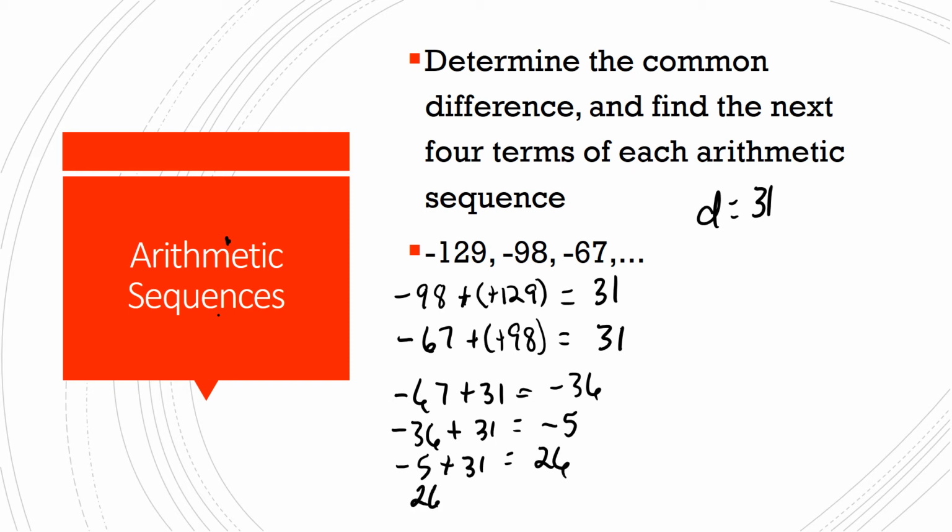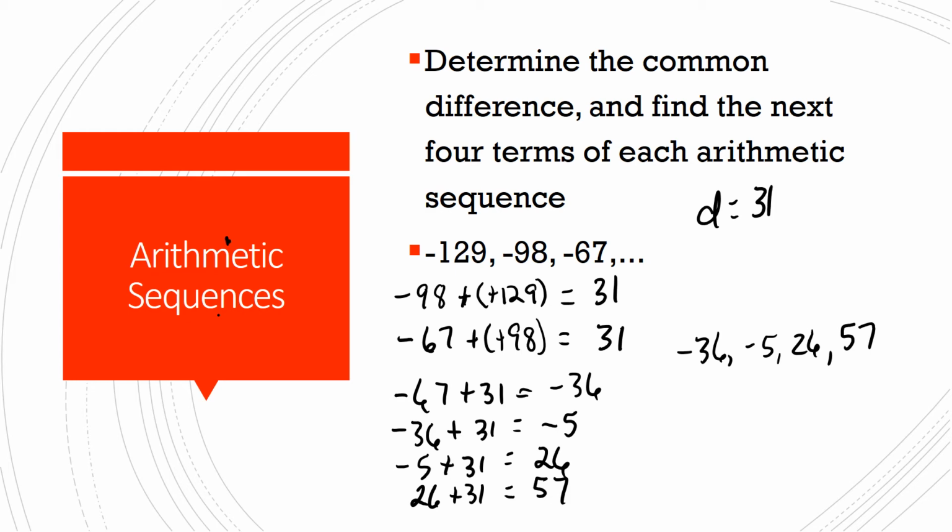And 26 plus 31 gives me 57. So my next four terms in this arithmetic sequence are negative 36, negative 5, 26, and 57, by applying the common difference of 31.